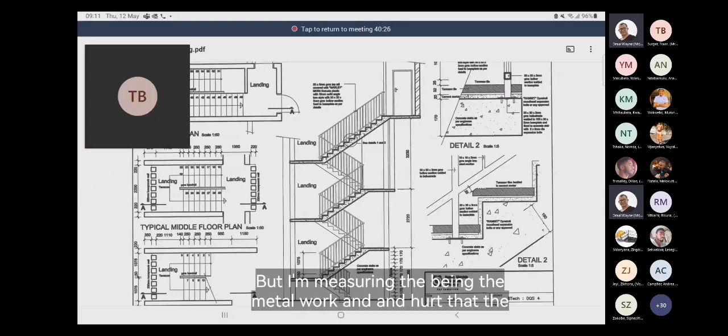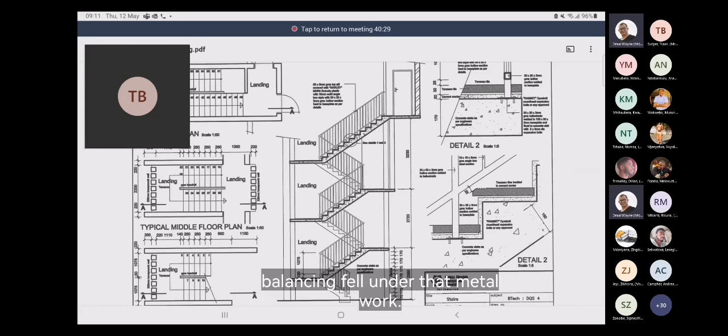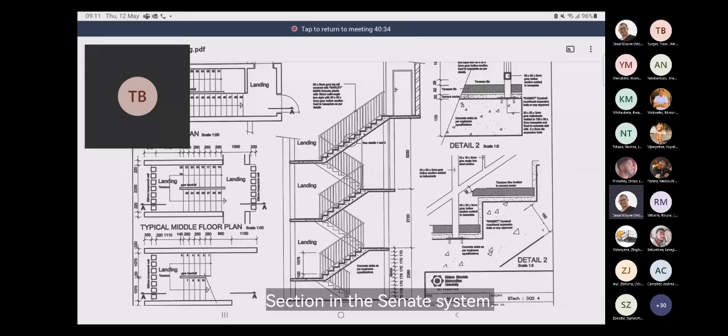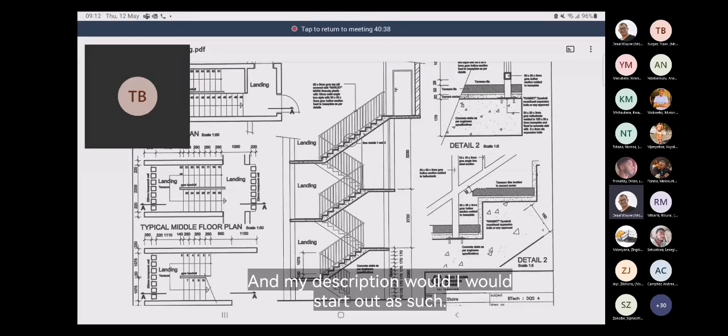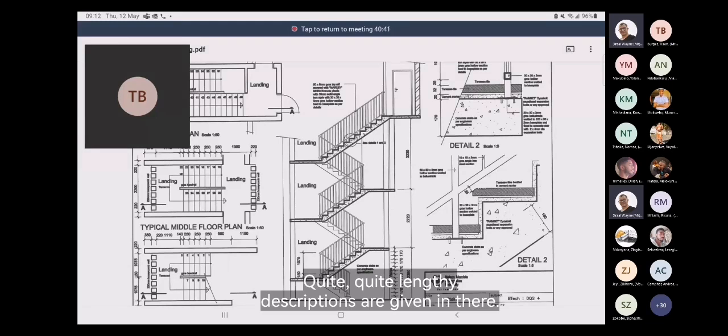So I'm measuring the metal work, and you heard that the balustrading fell under that metal work section in the standard system. And my description I would start out as such. Quite lengthy descriptions are given in there.